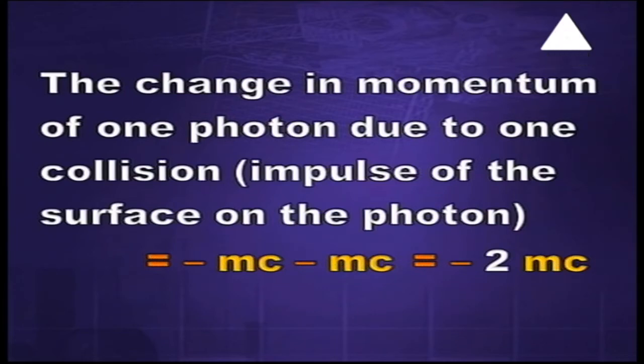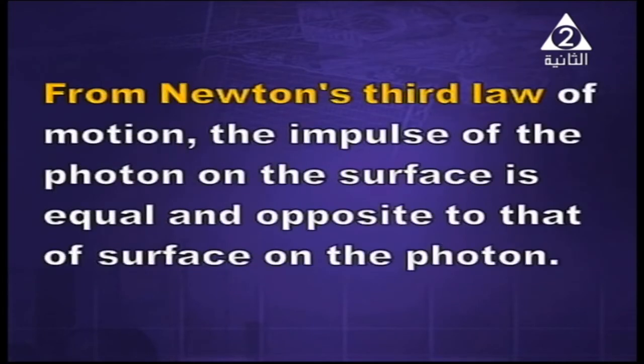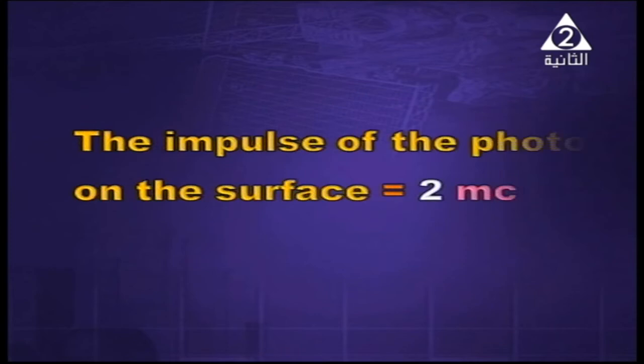This is the effect of the surface on the photon. If we want the effect of the photon on the surface, it will be equal and opposite, so it will be 2 mc. From Newton's third law of motion, the impulse of the photon on the surface is equal and opposite to that of the surface on the photon, so it is equal to 2 mc.